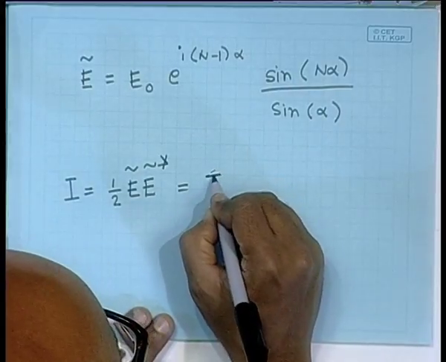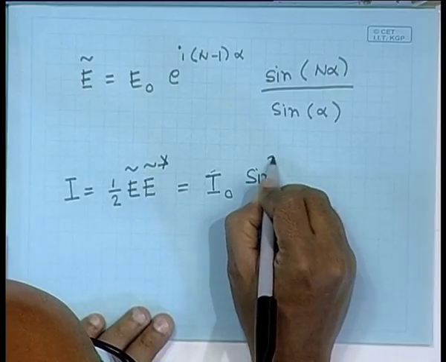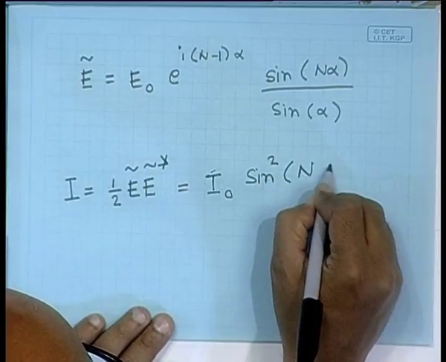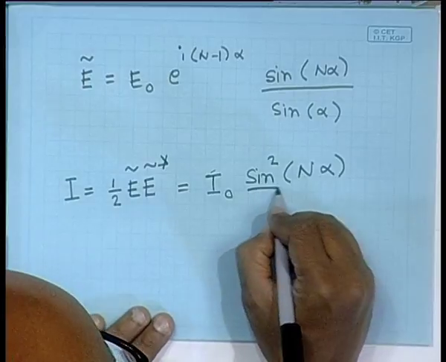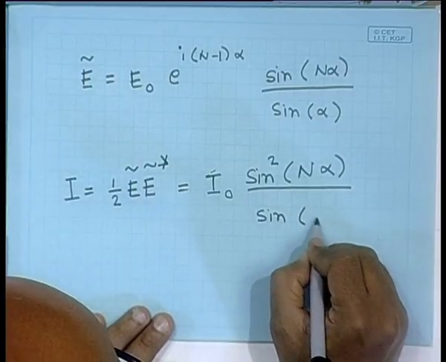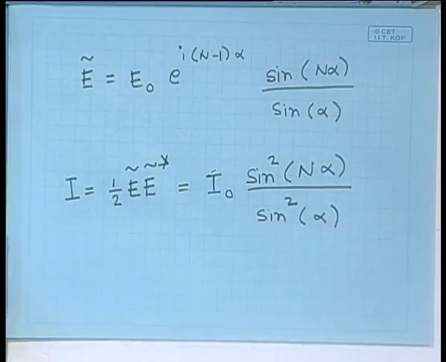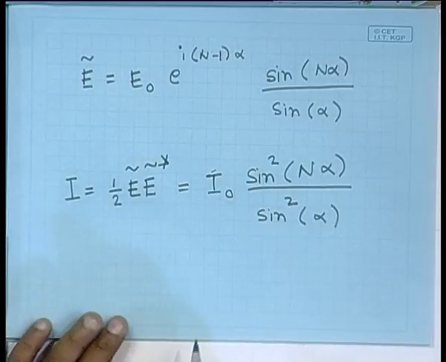So, I can write it as I naught sine square n alpha divided by sine square alpha. So, this is the intensity pattern that will be observed by a distant observer produced by this chain of oscillators.